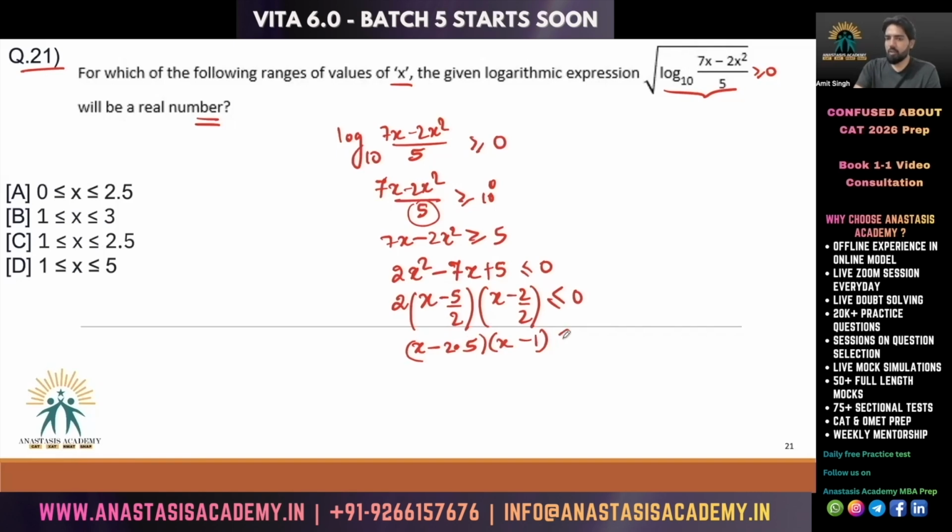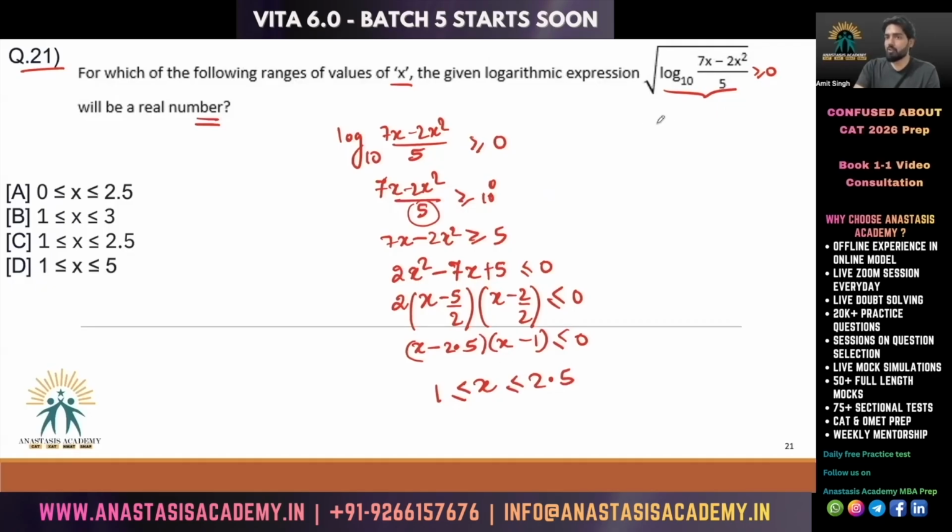I have divided this whole inequation by 2, so I'm left with this relation. So from here, I'm getting x as greater than 1 but less than 2.5 for this expression to be a real number. Okay, but I need to check for these values.